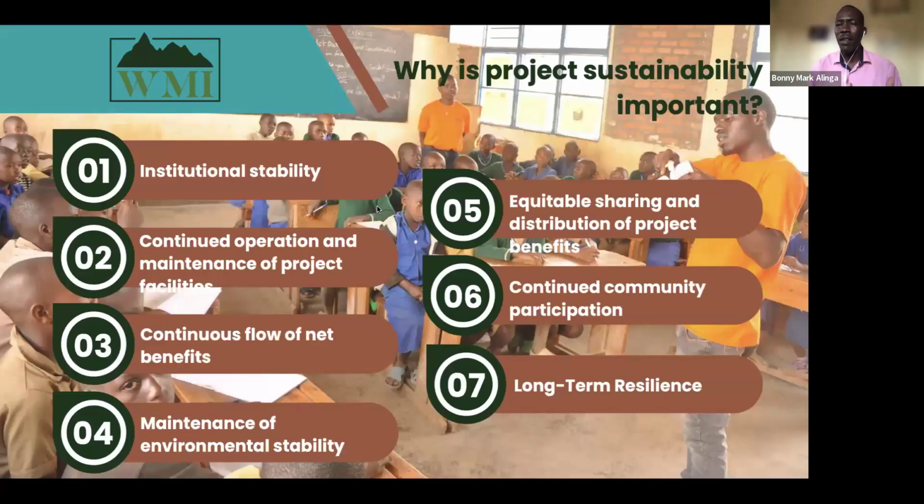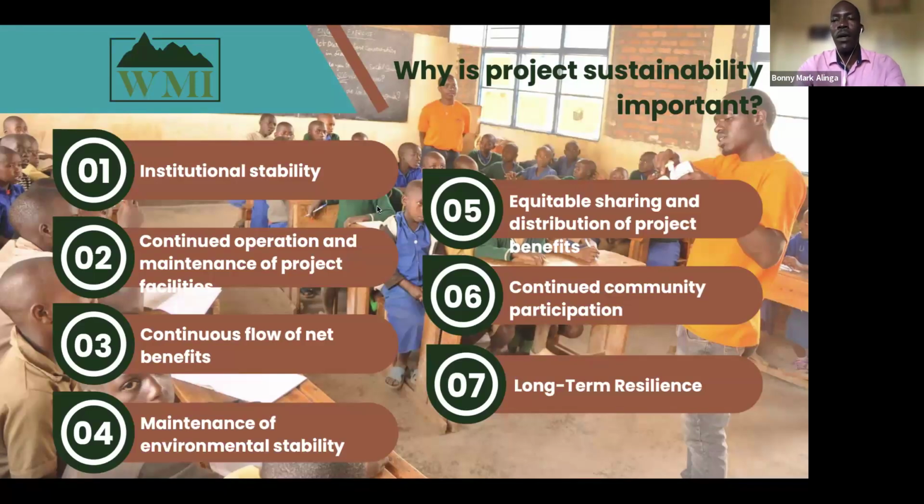And so that brings us to why project sustainability is important. One of the very important aspects of project sustainability is that once you have thought about the sustainability of the project, you have institutional sustainability.